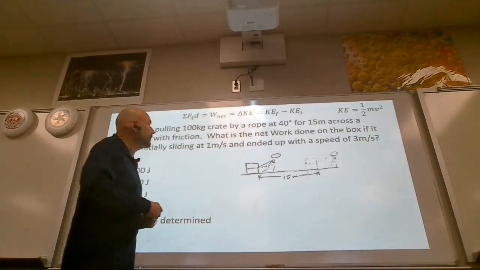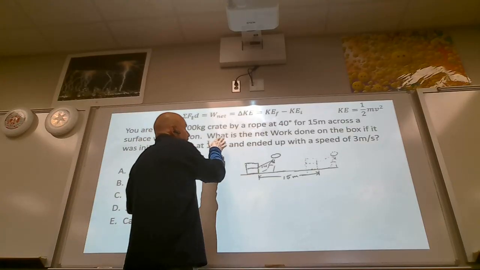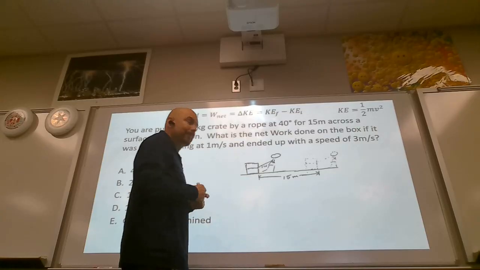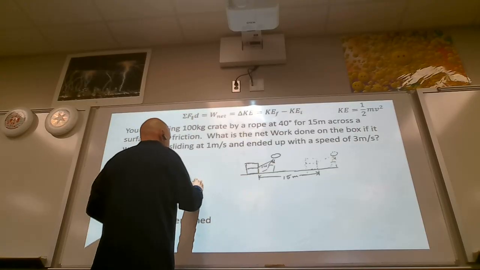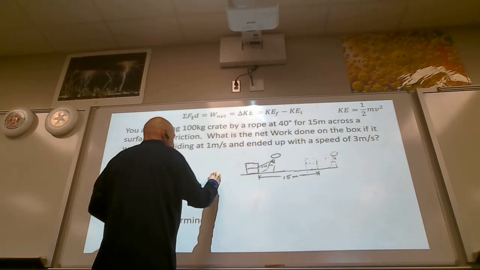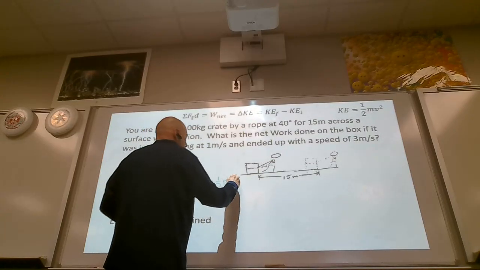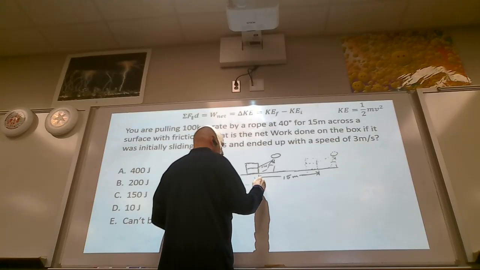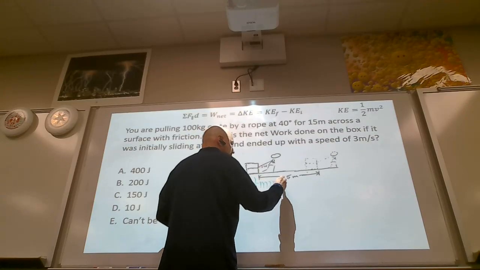So my hope is that you pivoted and you're like, oh, let's try this kinetic energy thing. So we have the net work is equal to 1/2 mass times speed squared final minus 1/2 mass times speed squared initial.